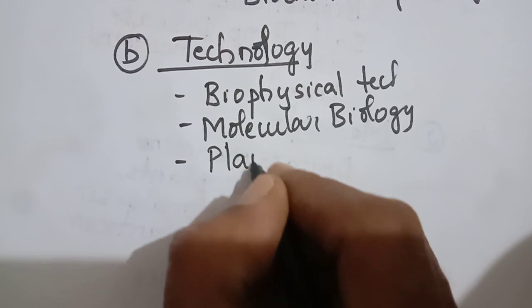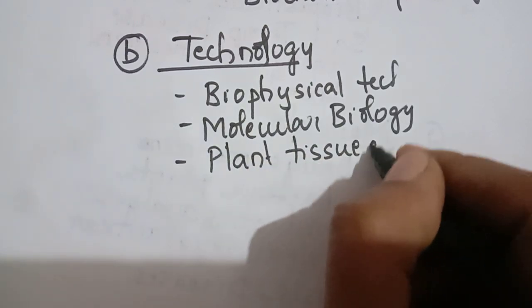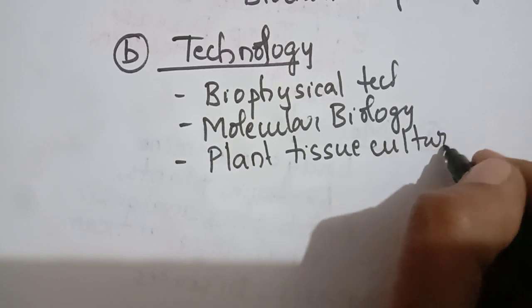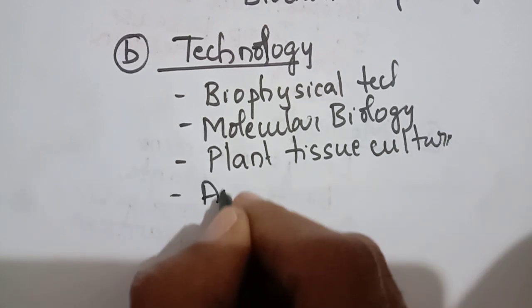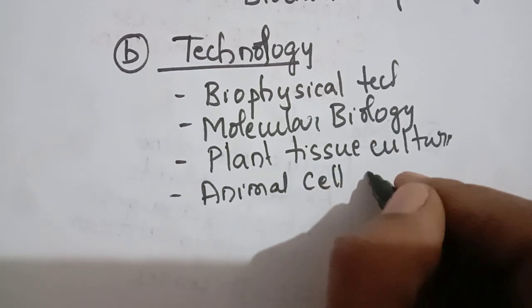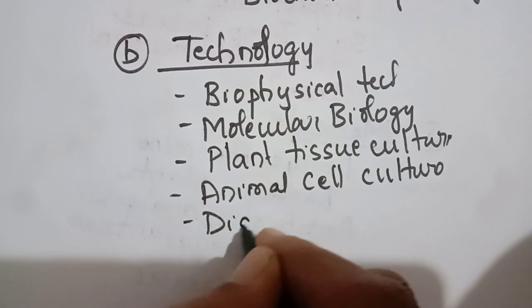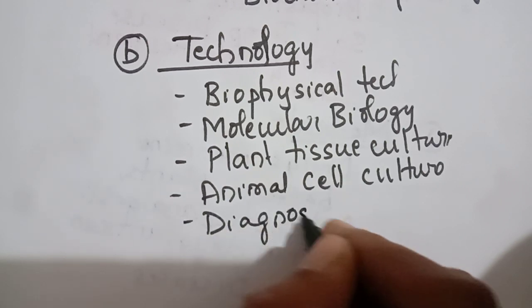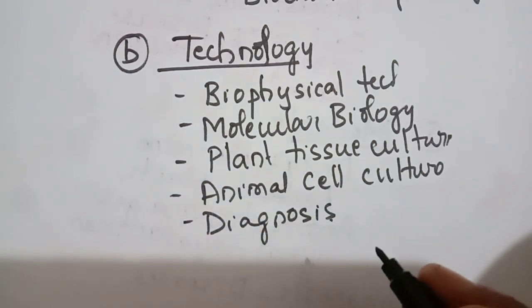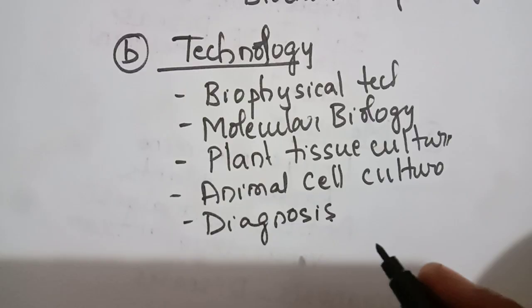For example, if we are using plants, we should know plant tissue culture technique, animal cell culture technique, and diagnosis techniques. In biotechnology we study the living organisms as well as the technology.